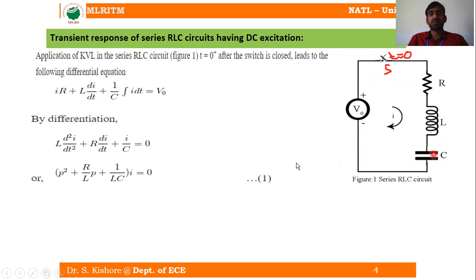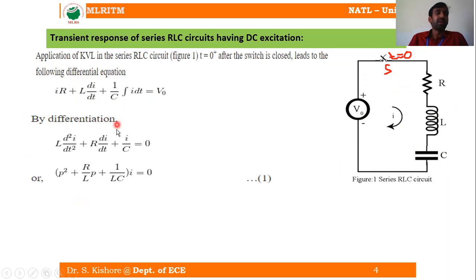And across the capacitor it is 1 by C integral of I dt. So this is the expression which we got by applying the KVL to the series RLC circuit with DC excitation, right?